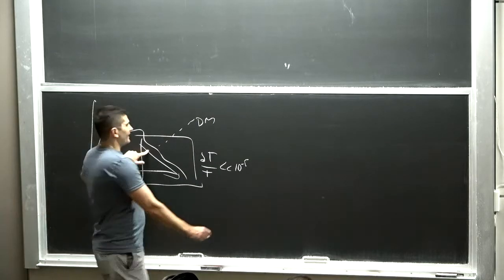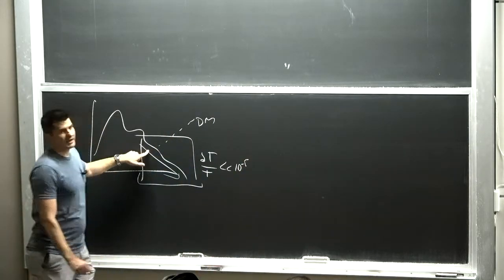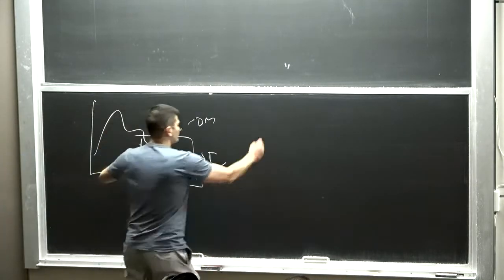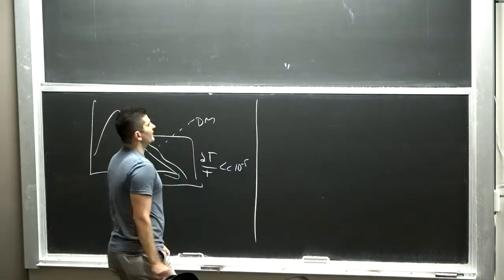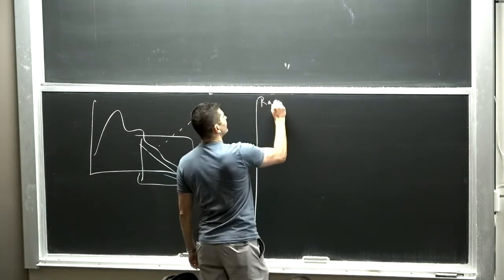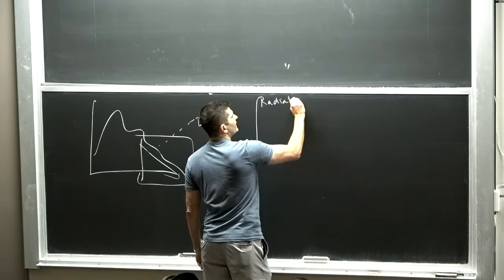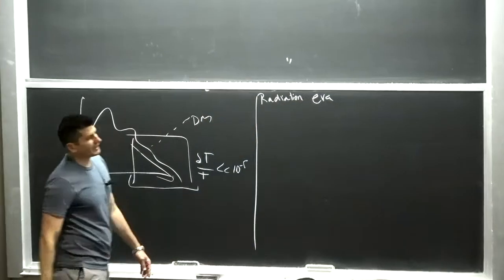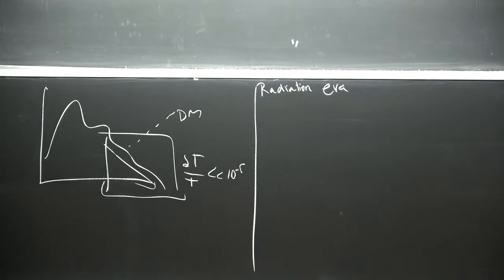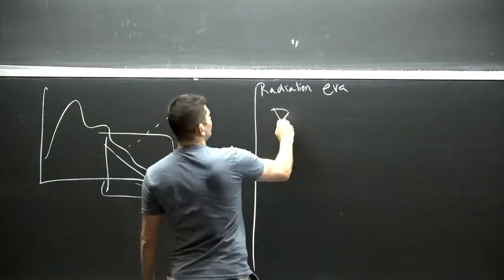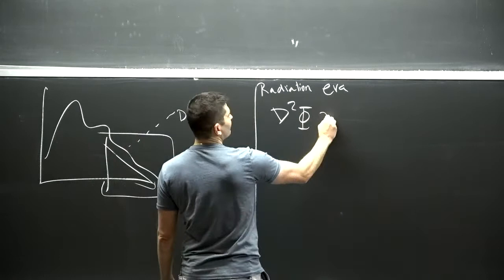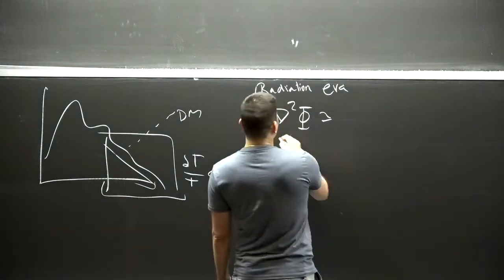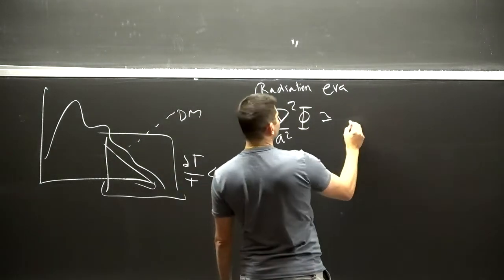The second thing is that this was the story during the matter era. So in the radiation era, the story is slightly different. In the radiation era, the equations for the mass and momentum conservation of the dark matter are the same. But now the equation, roughly speaking, I'm just going to put this here, this equation is still the same.